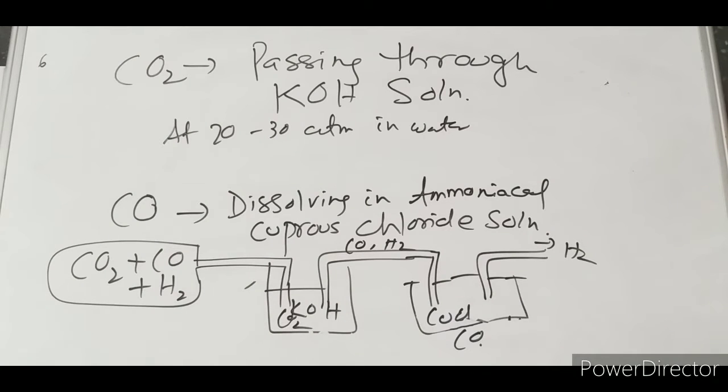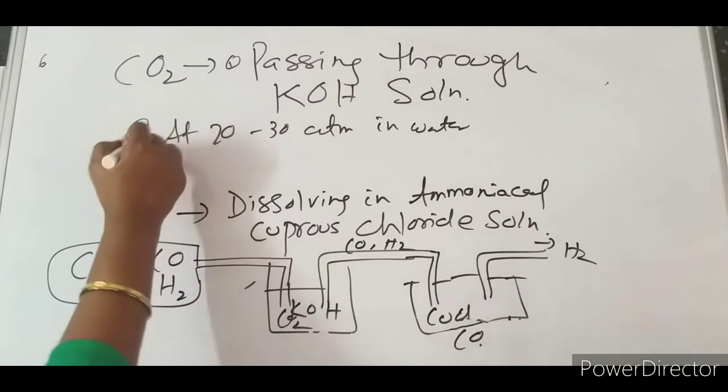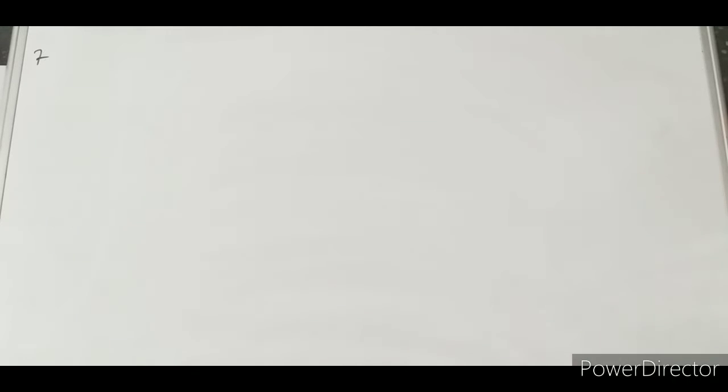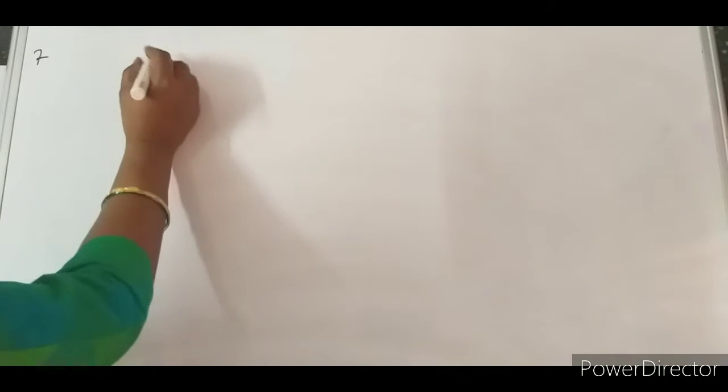So this is the first process, and this is the second process. We get pure hydrogen. This is the Bosch process. Next method, another industrial method of preparation: electrolysis of water.